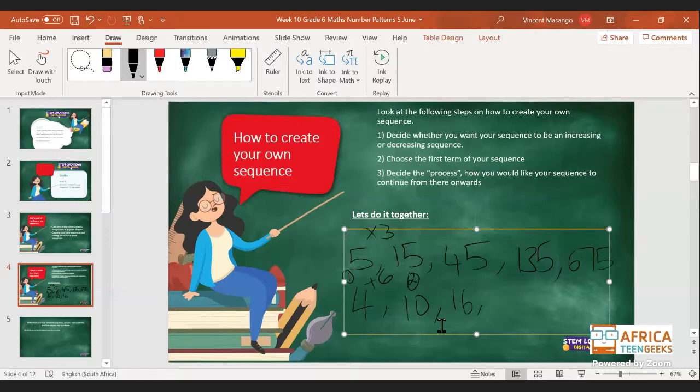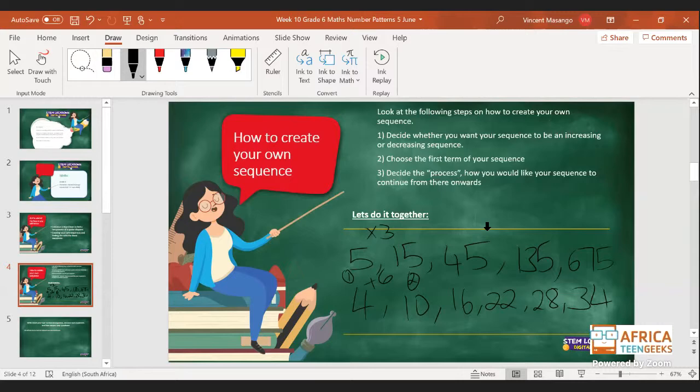Okay, so 16 plus 6. All right, straight after that, what would we have? Next term, 28. And I'll do this as the last one. After 28, we have got 34.